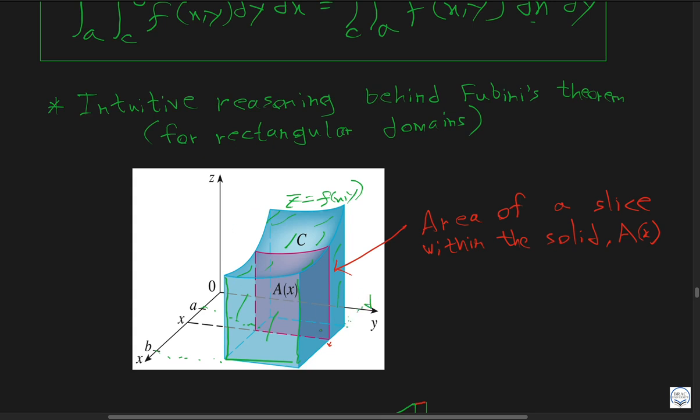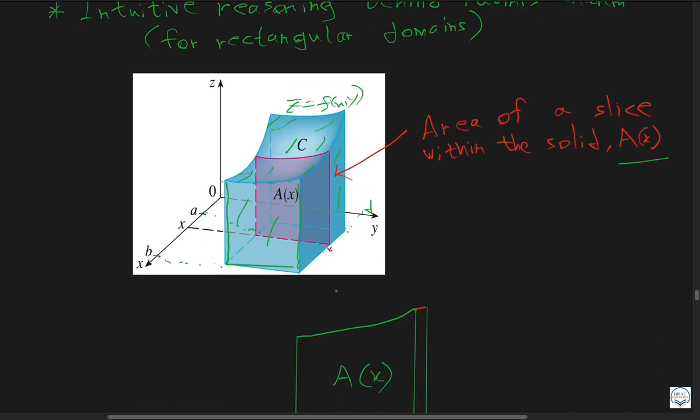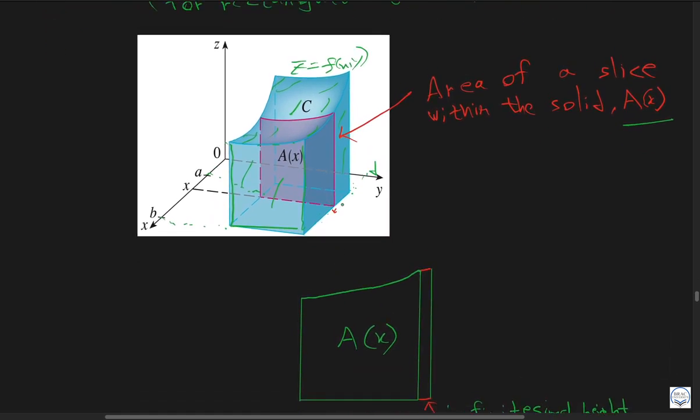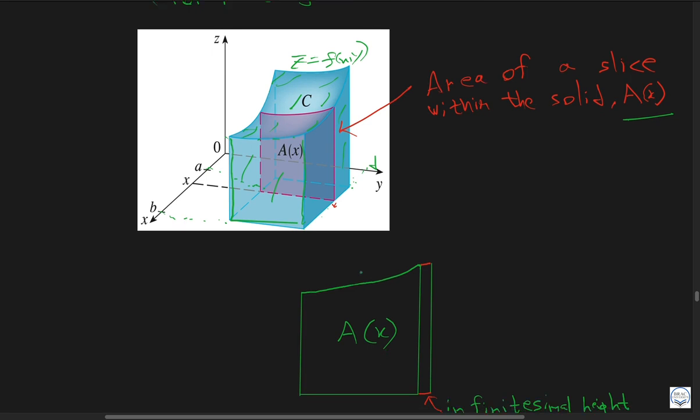So we take this slice of the solid and we call the area of the slice A of x. We can see that the area must change: if we start from x equals a, the area is smaller in this diagram. As we go towards x equals a, that means we decrease x, and decreasing x will increase the area of the cross section here. What we want to do is find a small volume starting from A of x.